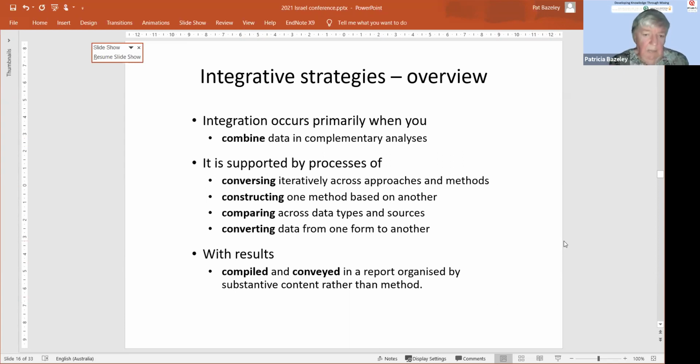And ultimately, your results need to be compiled and conveyed in a report, again, back to my theme, organised by substantive content rather than method. I get quite annoyed when someone presents, here are the results of my statistical analyses, here are the themes from my qualitative data, and they are presented in two separate sets of results.